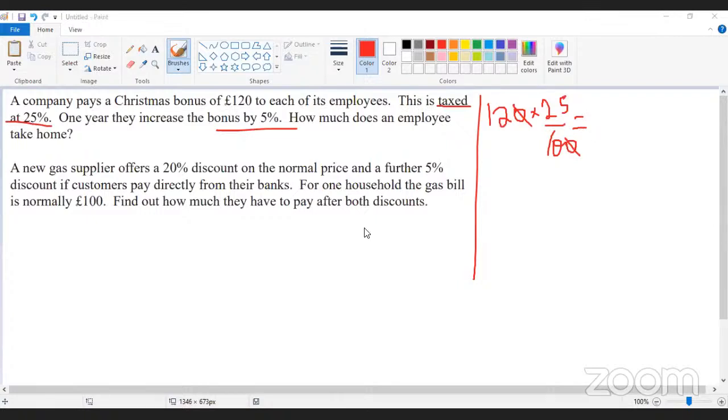Okay, here is a question: are you being taxed? Is your bonus added before the tax or after the tax? I hope you understood my question.